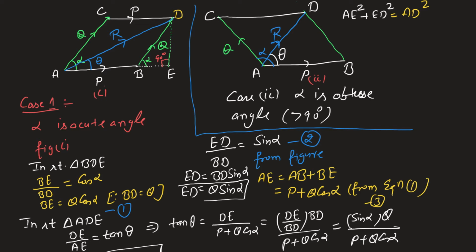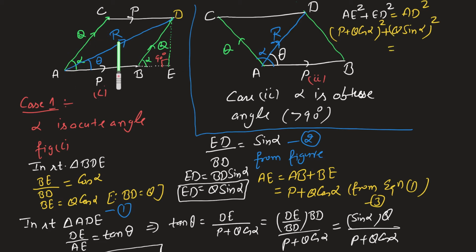Okay, this is fine. So I will be using these values over here. AE is from here P plus Q cos alpha whole square, plus ED is equal to Q sin alpha whole square, is equal to AD square.